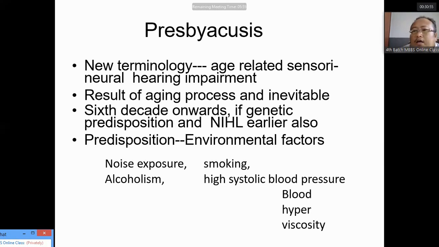Presbycusis. Another cause of sensorineural hearing loss is presbycusis. This is the most common. It is nowadays termed age-related sensorineural hearing loss. When a human being gets old, especially after 40, there are some kinds of changes. There are wrinkles.